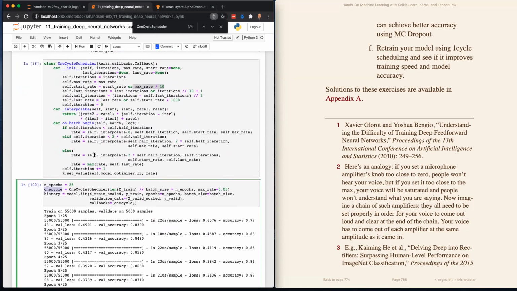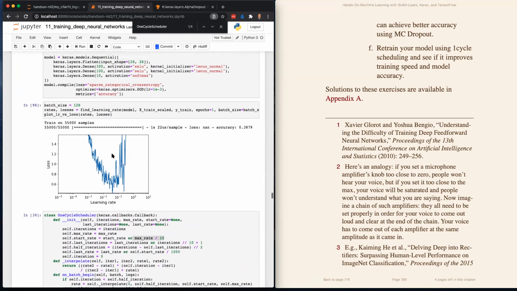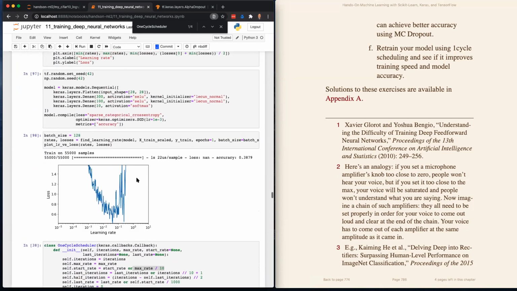Then I think this whole bit is just to have understanding. Oh, so the one cycle is more to do with just graphing it. So it's not getting used anywhere, it's just to see what's going on.